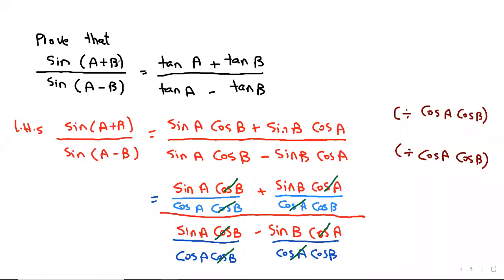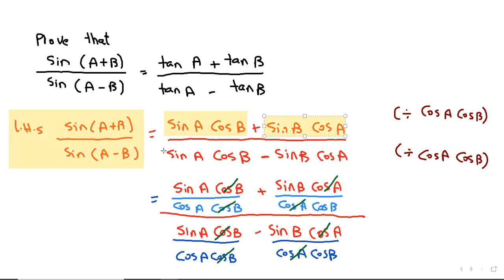Prove that sine A plus B over sine A minus B equals tan A plus tan B over tan A minus tan B. So write the left-hand side. The left-hand side is sine A plus B over sine A minus B. Then expand the numerator, you know, sine A plus B is sine A cosine B plus sine B cosine A, as you know.